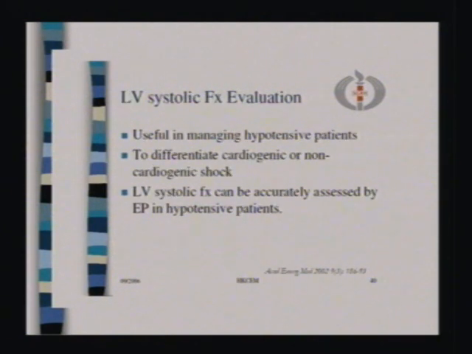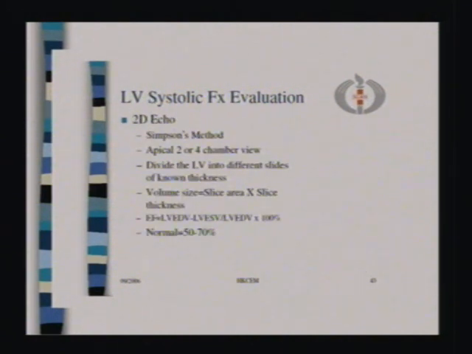Left ventricular systolic function evaluation is useful again in hypotensive patients to differentiate cardiogenic from non-cardiogenic shock. Left ventricular systolic function can be accurately assessed by echo in hypotensive patients. To assess systolic function, you do a 2D echo by the Simpson method, in the apical 2-chamber or 4-chamber view.